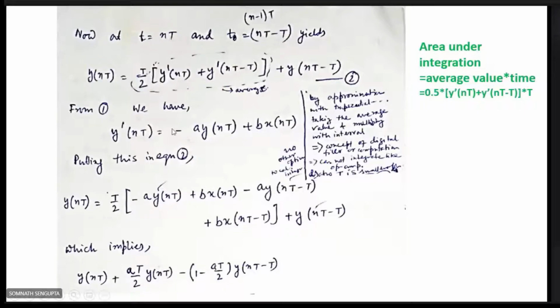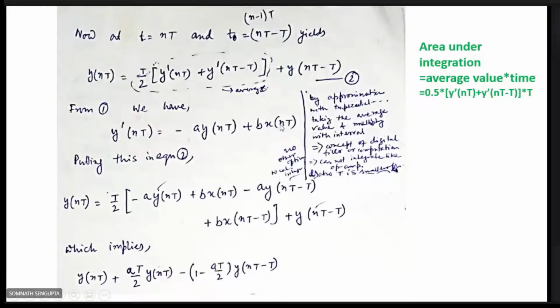So in this equation we put the values of y dash nT. It is actually T by 2 into, minus a into y nT plus b x nT on this side.